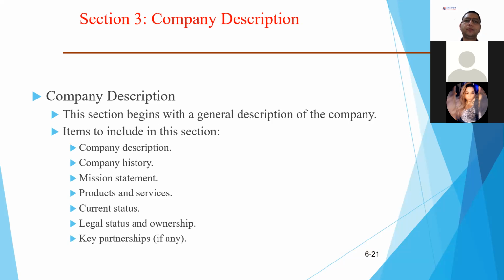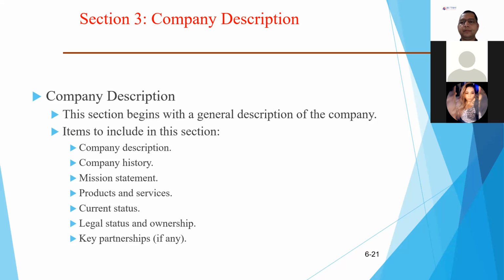Section number 3 is the company description. This section will begin with your general description of the company. You should include your history, mission statement, vision statement, and your products or services. Here, this is the highlighting part: what are the products or services that you are creating the business plan for? If it is a product, you need to detail your product. If it is services, you need to put your services in detail.